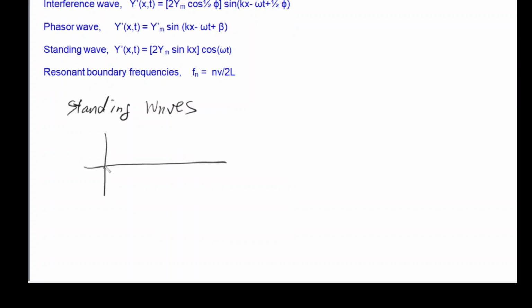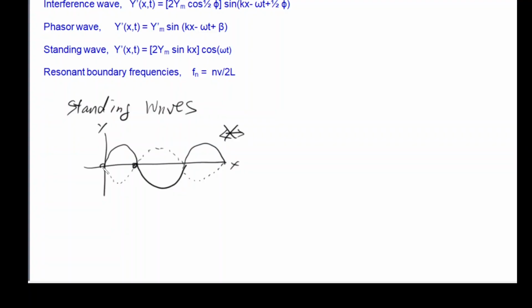So in other words, for a standing wave, you would have one wave moving like this, x and y, and another wave moving like this, and these waves don't go left or right. They just stand like that.